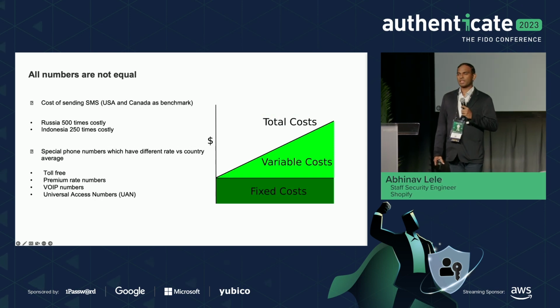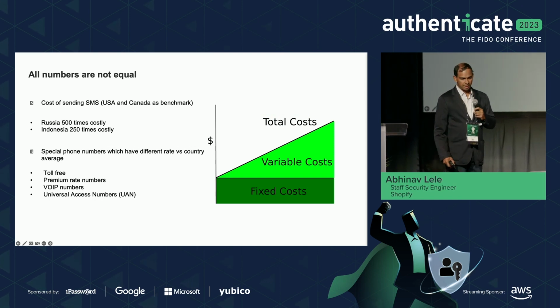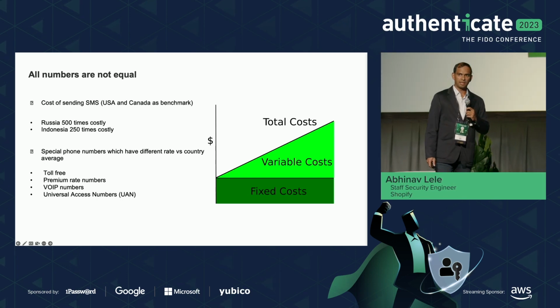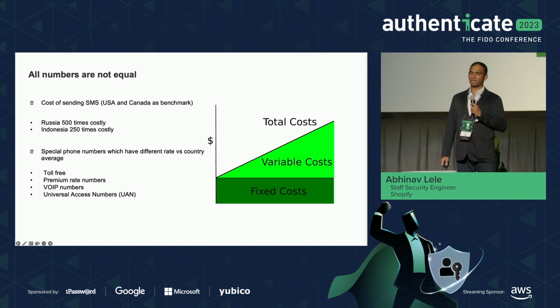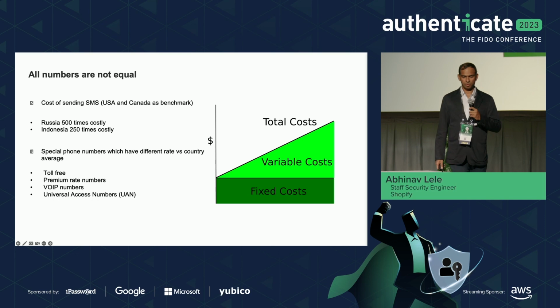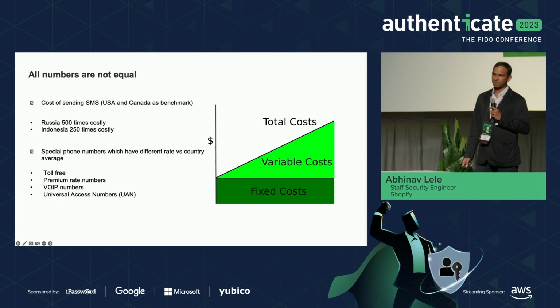Now, as if this was not enough, the cost of sending SMS is not the same. If you want to send an SMS to the US or Canada, it's probably a cent. But if you want to send to Russia, it's 500 times more expensive. Or if you want to go to Indonesia, it's I think 250 times more expensive.